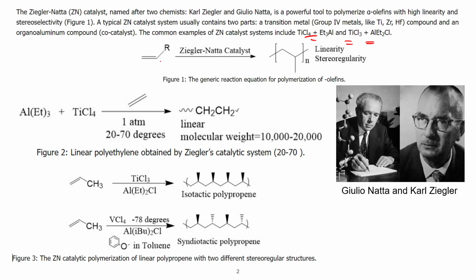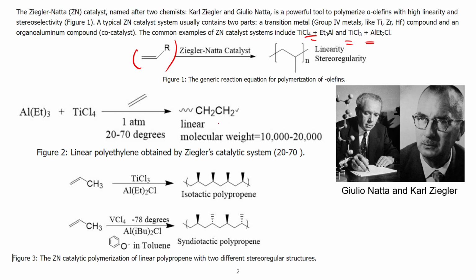Initially when this kind of alkene was treated with this catalyst, linear polymer chain formation was observed by them, and the molecular weight they achieved under this condition is much higher than available methods like radical and cationic polymerization.